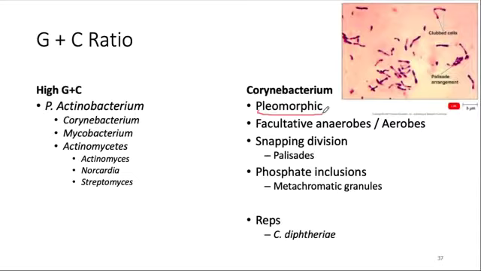They are facultative anaerobes, or they may be aerobes. They exhibit what we call snapping division, or palisades. In this picture, these are palisade bacteria, or Corynebacteria. You'll see them lining side by side.